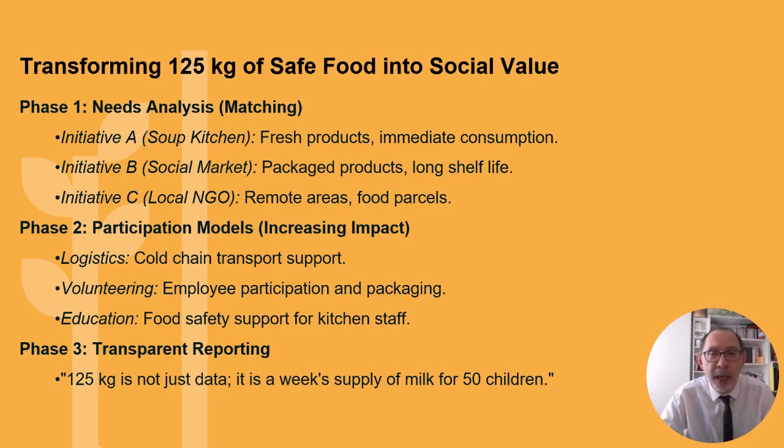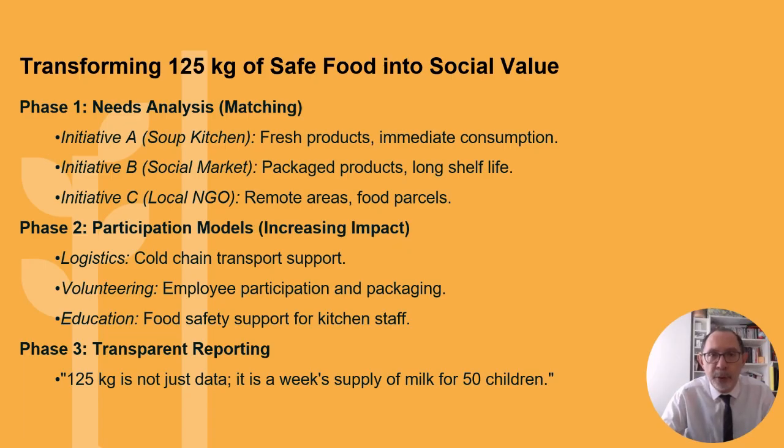Remember, every 1 kilogram of food yields approximately 2 full meals. Remember again, food recovery is not just about saving food. It's about delivering it to the right place. Our first step is needs analysis. We must select the most suitable partner based on the type of food we have.